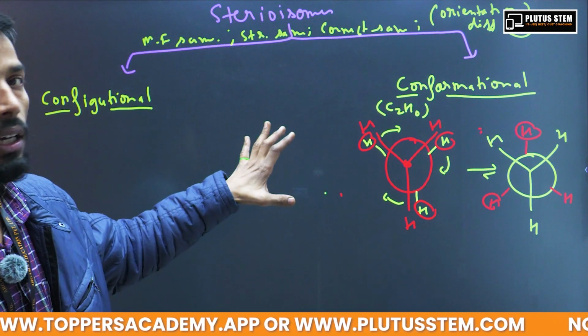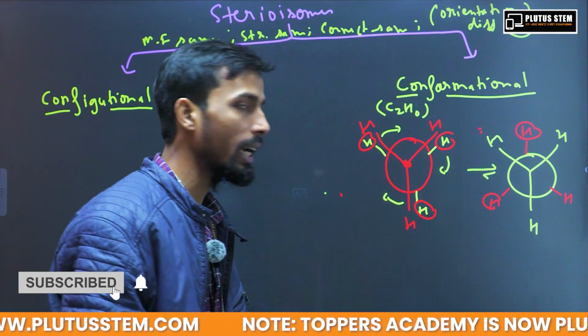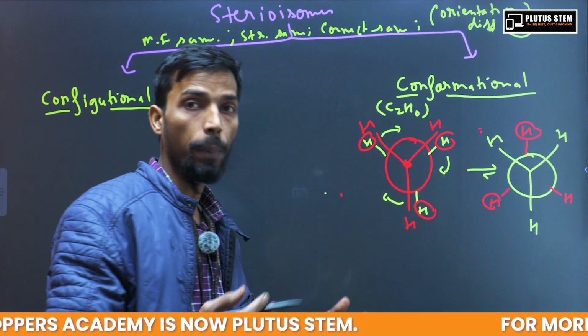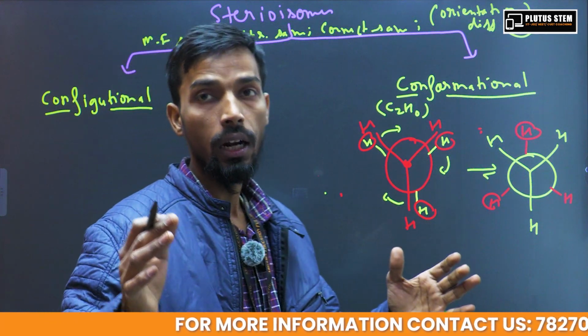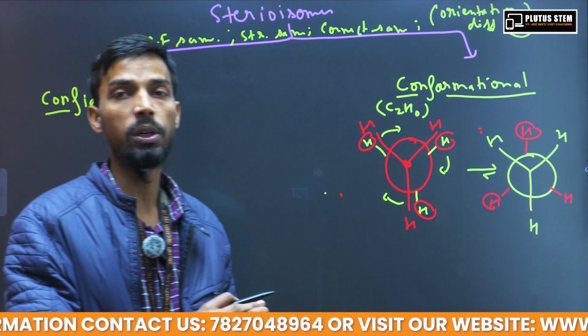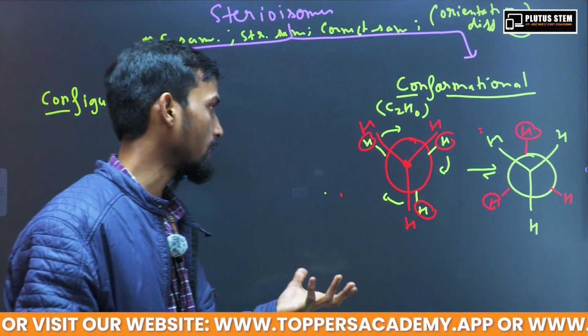We will study these conformational isomers in a separate video in quite some detail. This is just ethane. We will see propane also, butane also, and hexane also, like different chain isomers, boat conformation and chair conformation. All that we are going to study regarding conformational isomers.